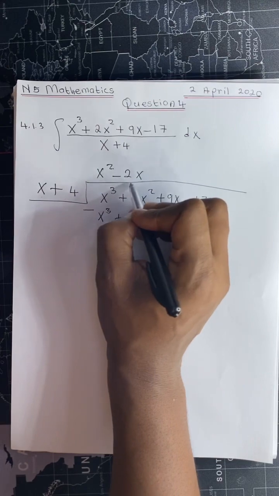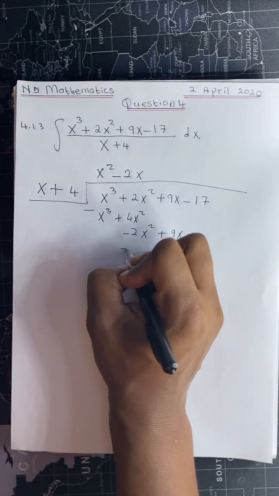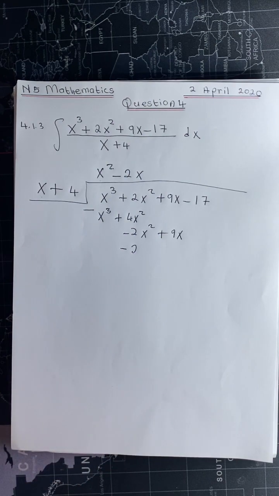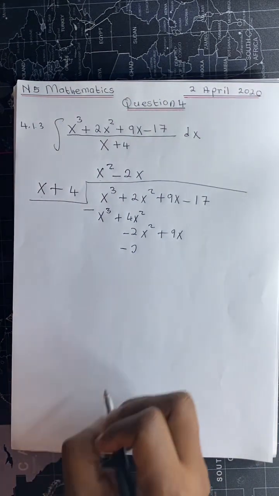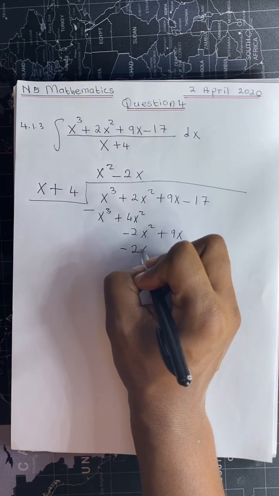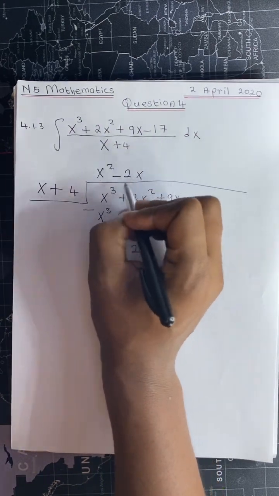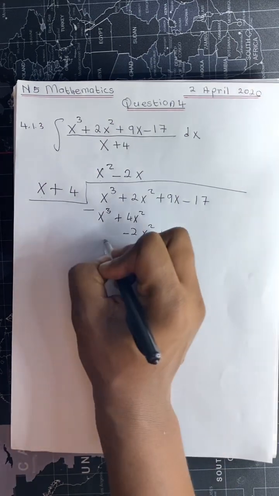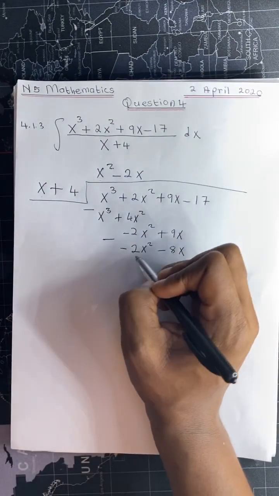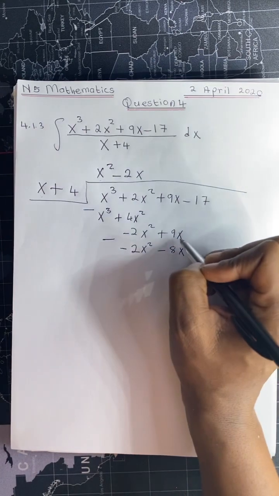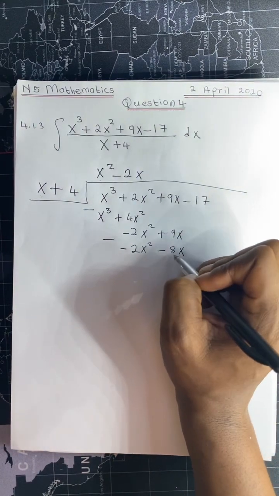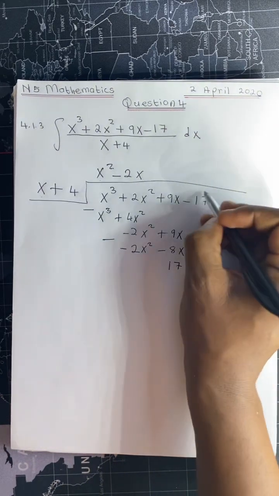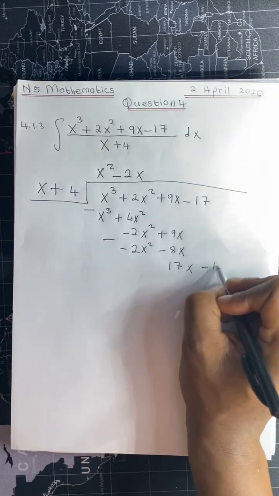We multiply this negative 2x by that x, and this will be equals to negative 2x squared, and this negative 2x multiplied by that 4 will be equals to negative 8x. From here we minus again, so negative 2x squared minus negative 2x squared will be 0. 9x minus negative 8x will be equals to 17x, and we bring down that negative 17.